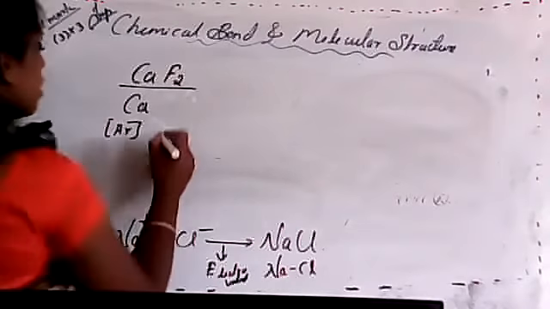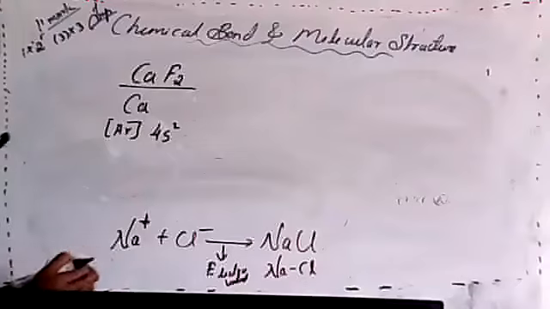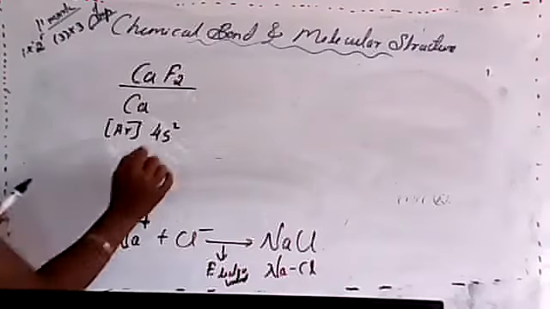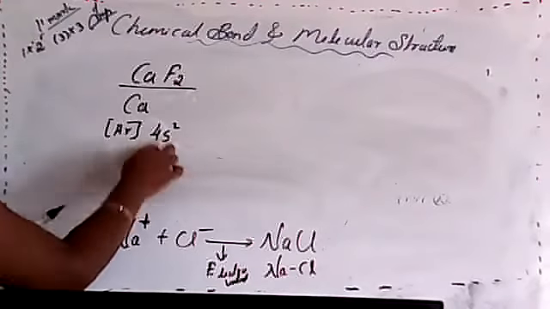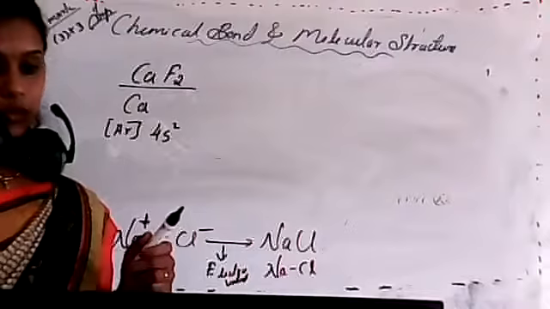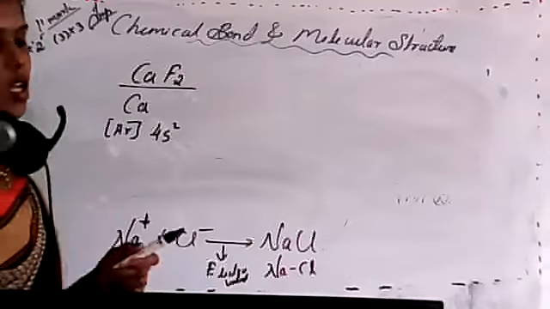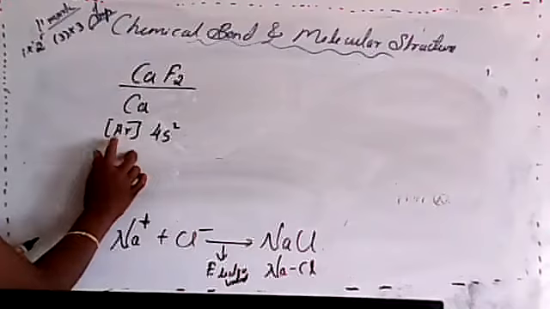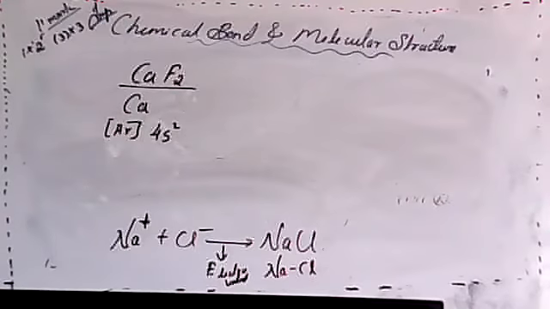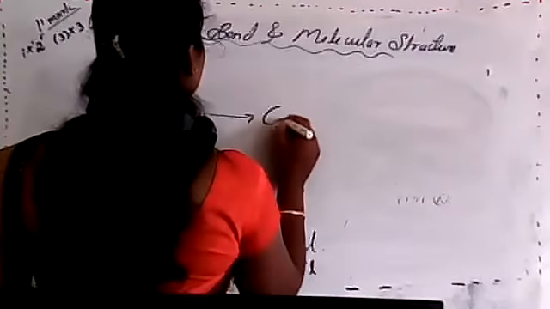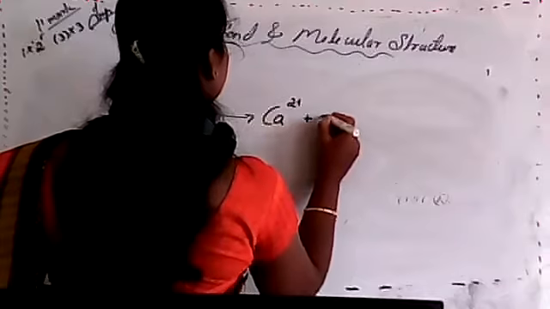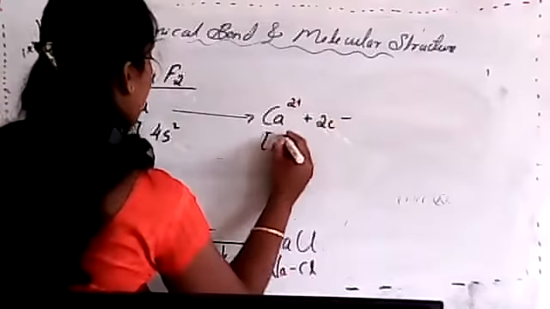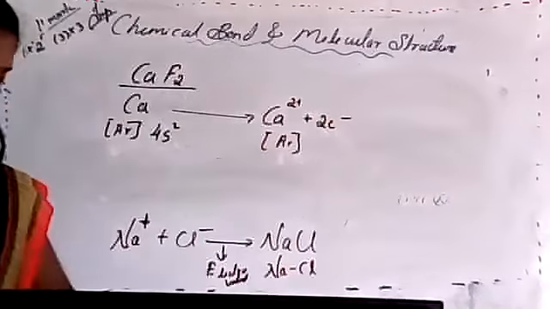Now think, student, to attain a stability, it needs how many electrons? 6 electrons. It is again impossible. So if we remove these 2 electrons, it attains a stable electronic configuration of argon. So that's why it loses 2 electrons to attain a stable electronic configuration of argon.